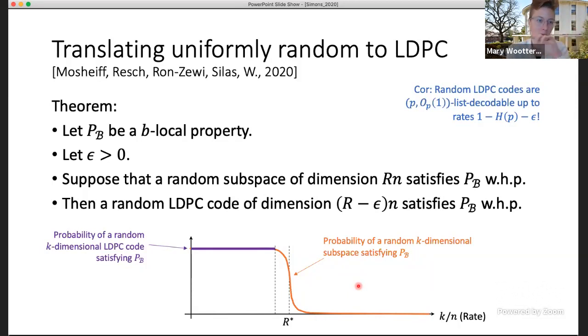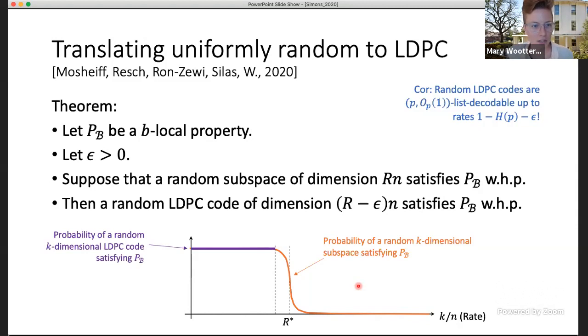If you set things up to be regular enough with your sparsity pattern, then you can rule out odd weight vectors appearing in the kernel. But of course, it's extremely likely that an odd weight vector will appear in a uniformly random subspace. So that silly example kind of breaks the converse, but it seems plausible that you can formulate some kind of converse that rules out silly things like divisibility. Yeah, I do think the converse is true. You just have to rule out certain bad cases. Yeah, that's a great question.